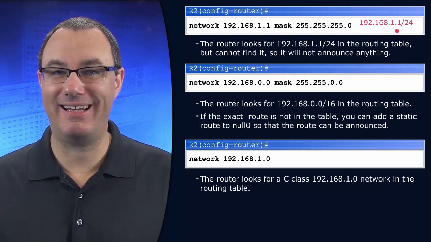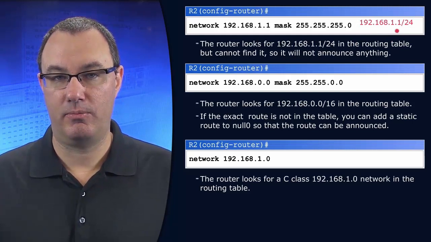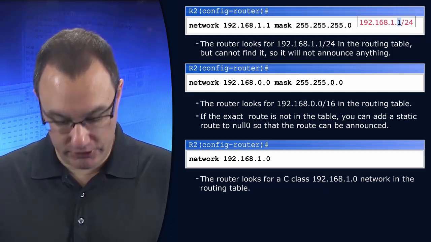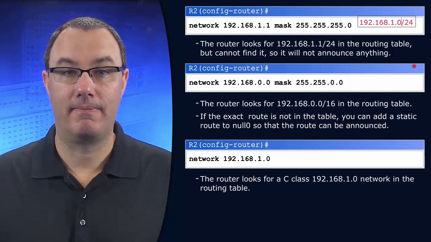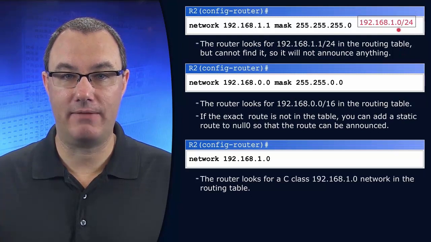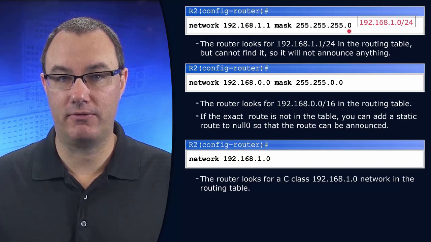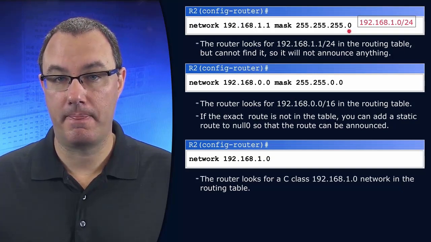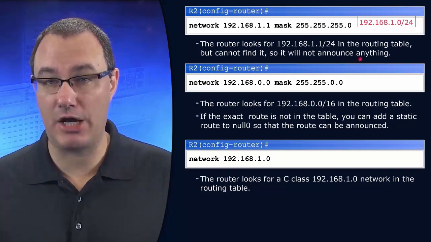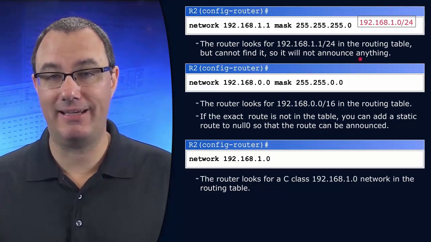It cannot exist because in the routing table you would have .0. You can't have .1 in an octet which has a subnet mask value of 0. So it's an impossibility. So it finds nothing, and it needs to find the exact match.